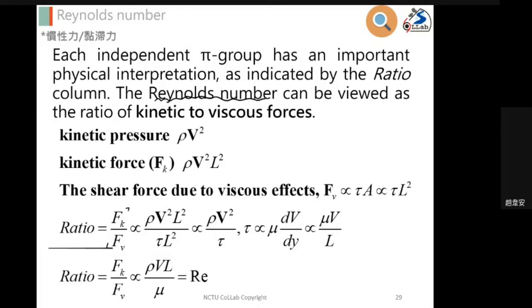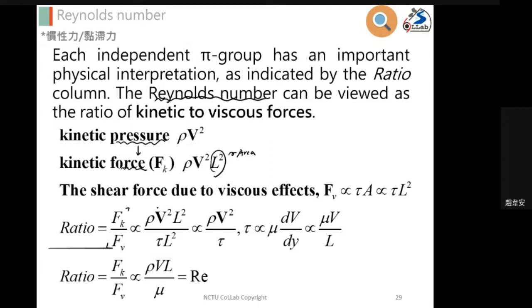The kinetic pressure is proportional to rho v squared. This is actually a pressure unit, and we would like to convert it to force. So we have additional dimensions, L squared, which relates to area. The pressure multiplied by the area dimensions converts the unit from pressure to force.